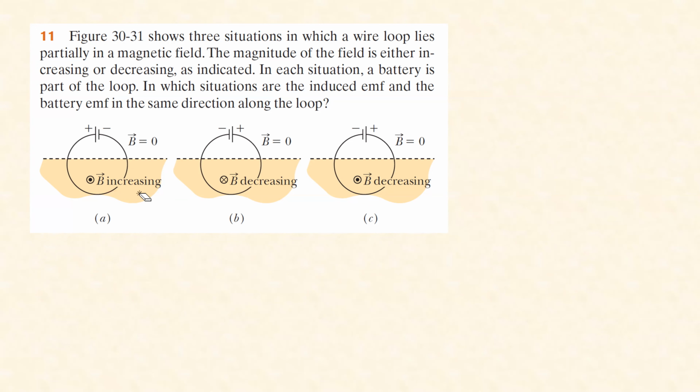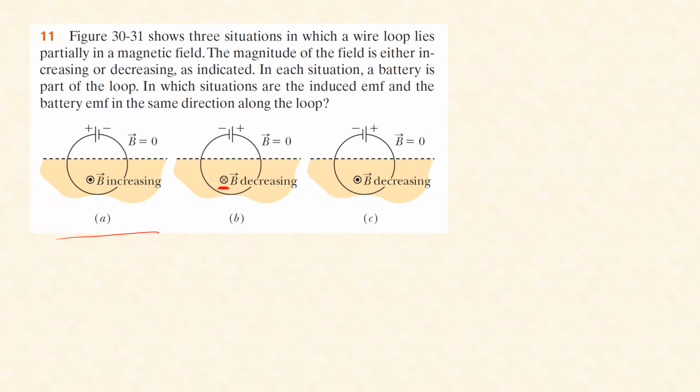For example, what about A? Is the induced EMF the same direction as the EMF of the battery or in the opposite direction? So here you see B is out of the page because it's shown by a dot, right?